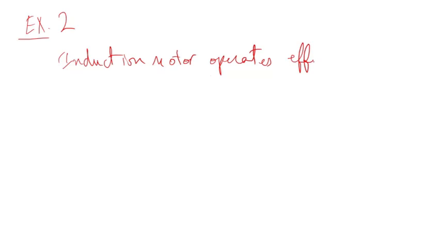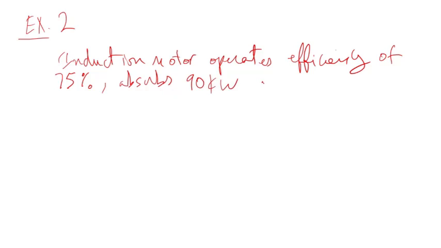Example 2, we have an induction motor. The induction motor operates at an efficiency of 75% and absorbs 90 kilowatts at a power factor of 85% lagging.